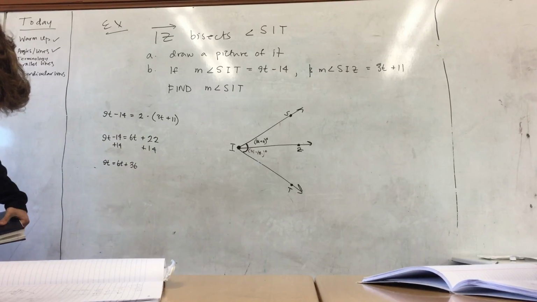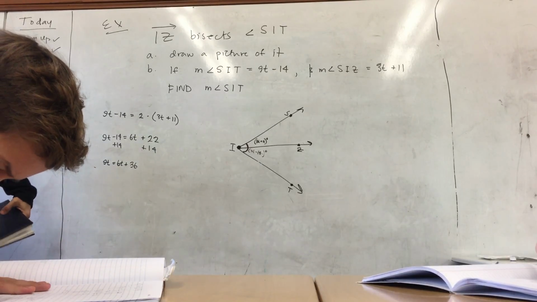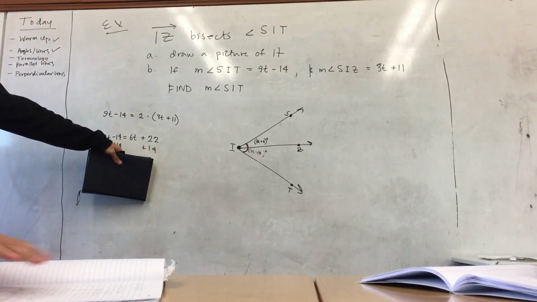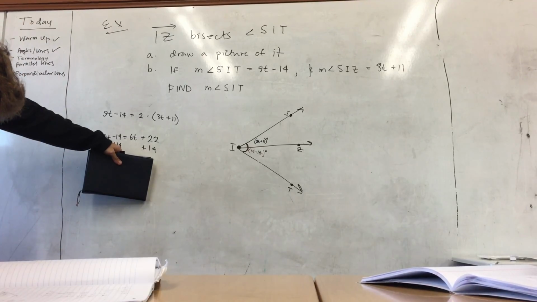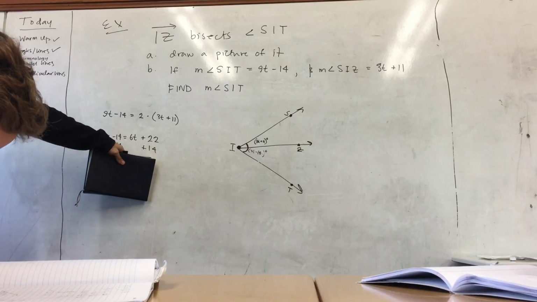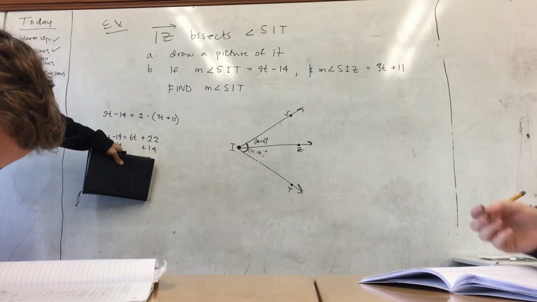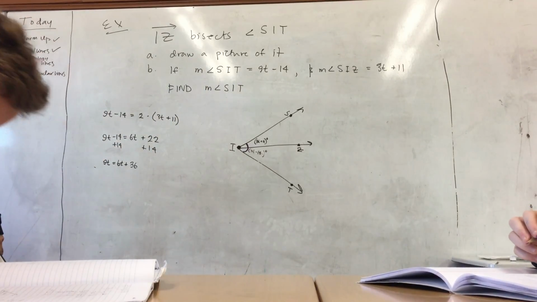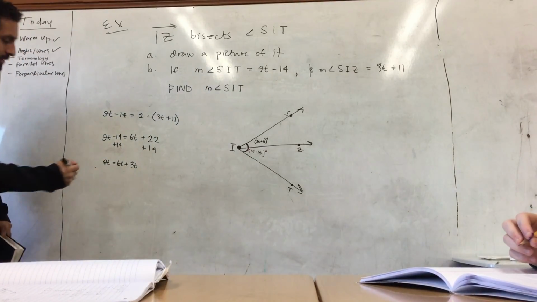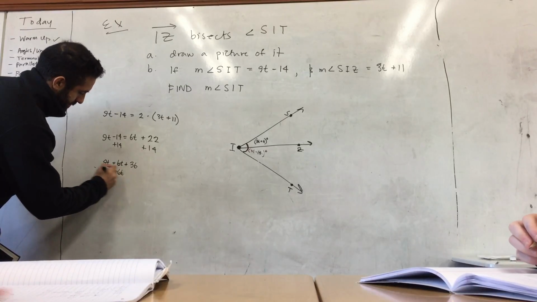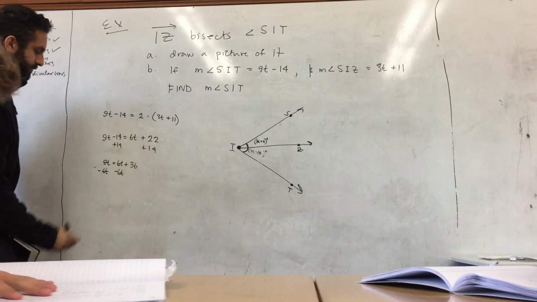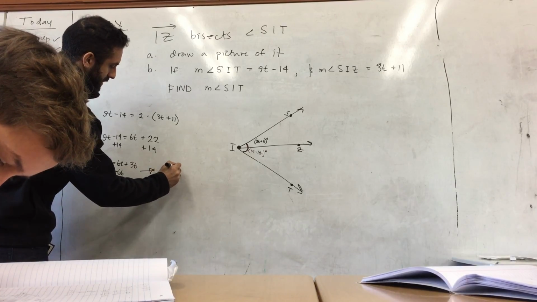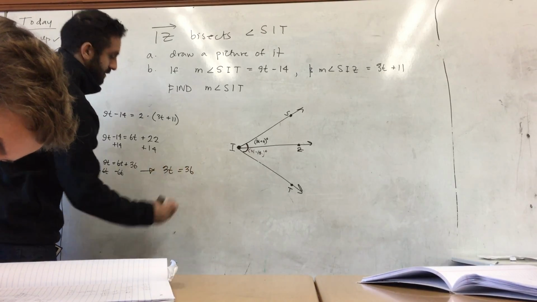Yeah. Eli B, what's the resulting equation? 9t is equal to 6t plus 36. Correct. Okay, subtract 6t. 3t equals 36.